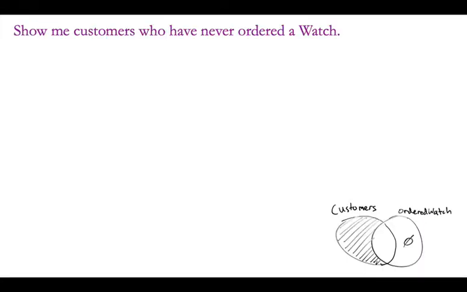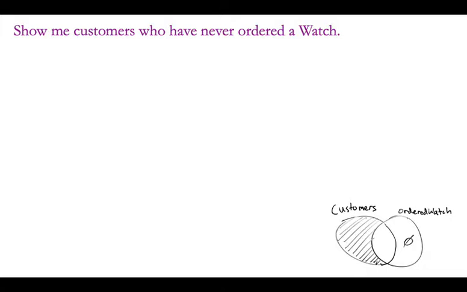All right. Here's a more complicated question. Show me the customers who never ordered a watch. I have this little Venn diagram to illustrate what I mean. So if we have the customers, some of them ordered a watch. We don't want to include those. We just want the customers who didn't.